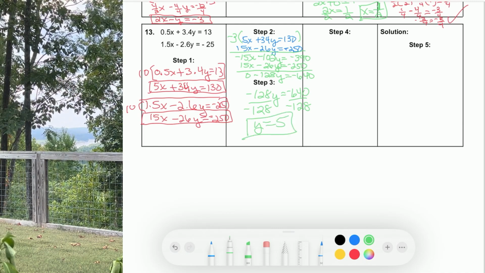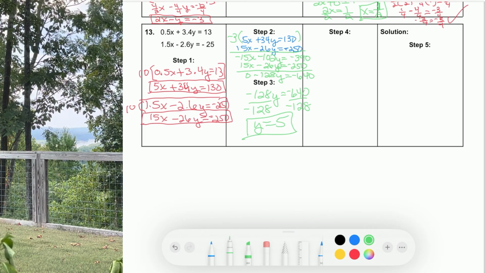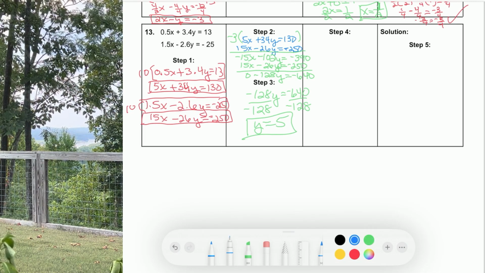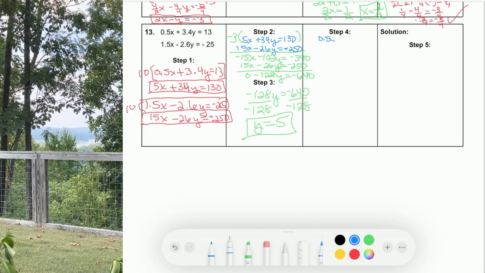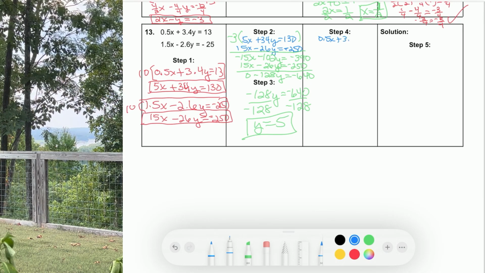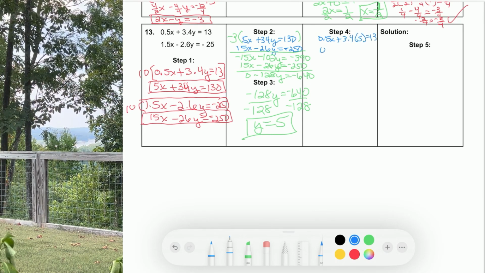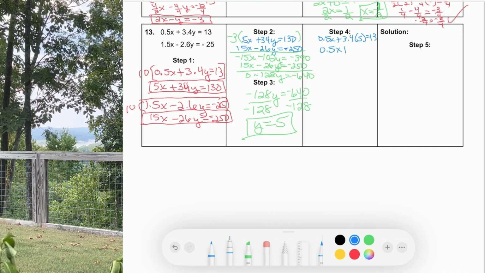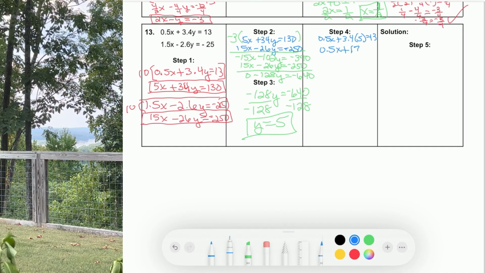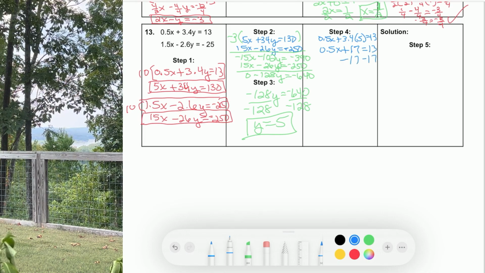All right, use that in one of the original problems to find my x. So I have 0.5x plus 3.4 times 5 equals 13. 0.5x plus 3.4 times 5 is 17. Subtract 17 from both sides.